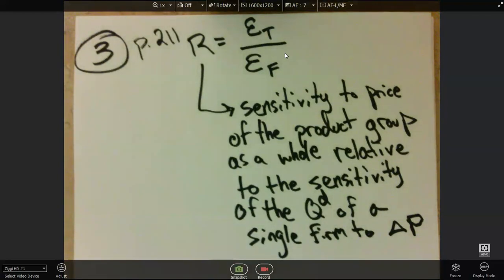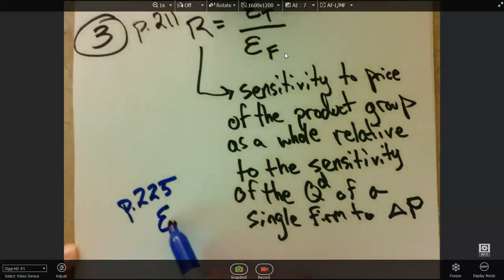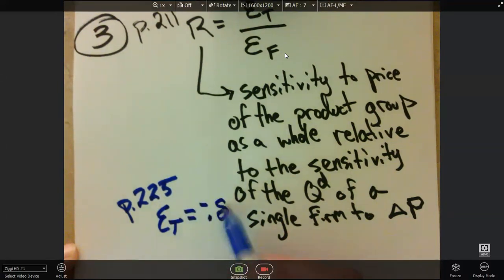So we are told the elasticity, and we are told the Rothschild index. Going back to page 225, where the question is, we are told that the own price elasticity for the market demand of retail gasoline, the ET, is equal to negative 0.8.